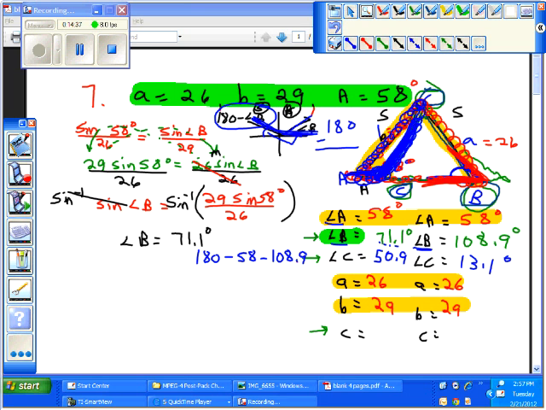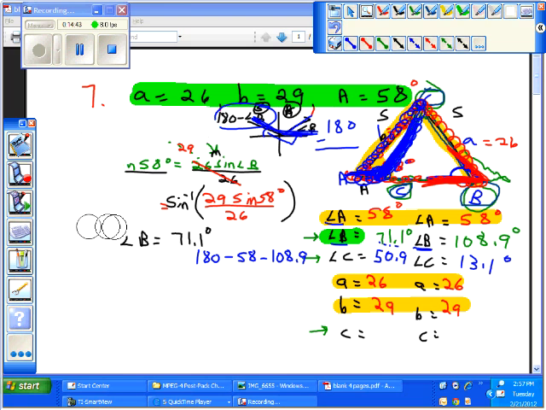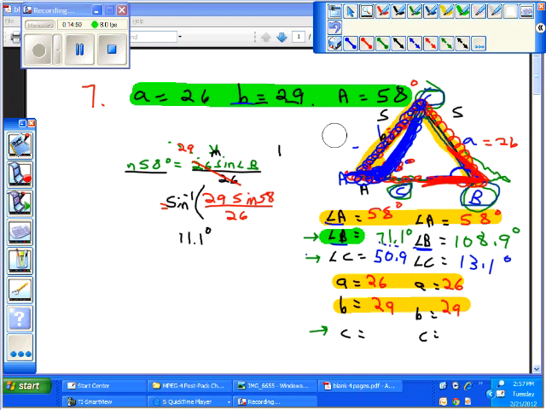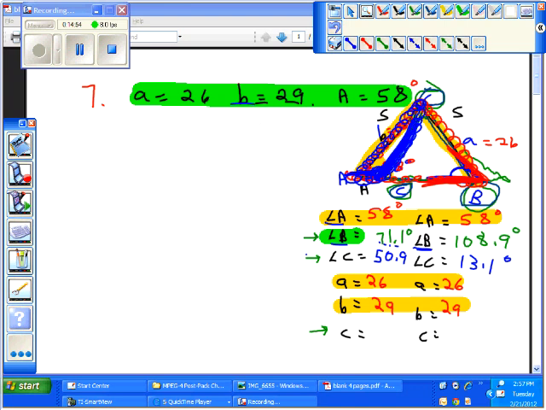Now, we have established the two choices for angle B, and we have established the two choices for angle C. The only thing that we haven't established are the two values for little c. And so what we want to do now is show you how to find the two possible choices for little c.